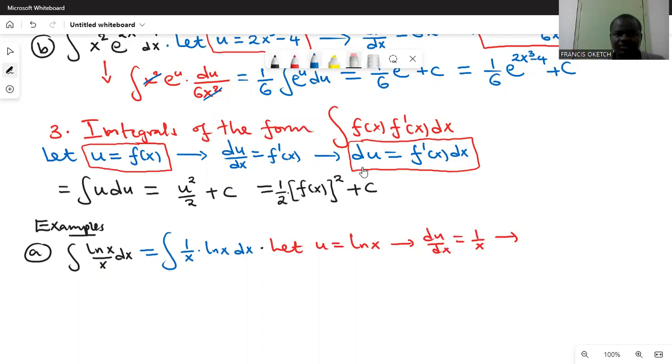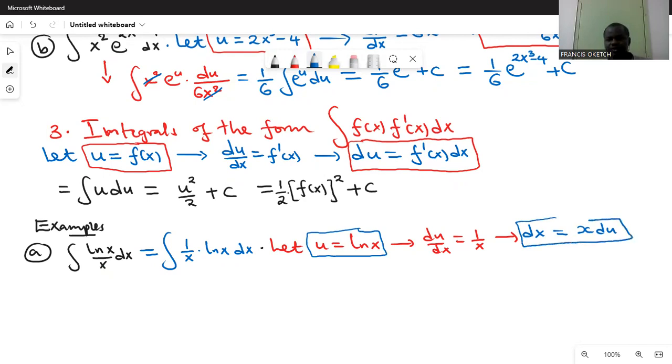It is better to make dx the subject, so that here you can talk of dx will now be equal to x du. We have cross multiplied. So I'm going to substitute u where there is ln x, and also where there is dx, you put x du.